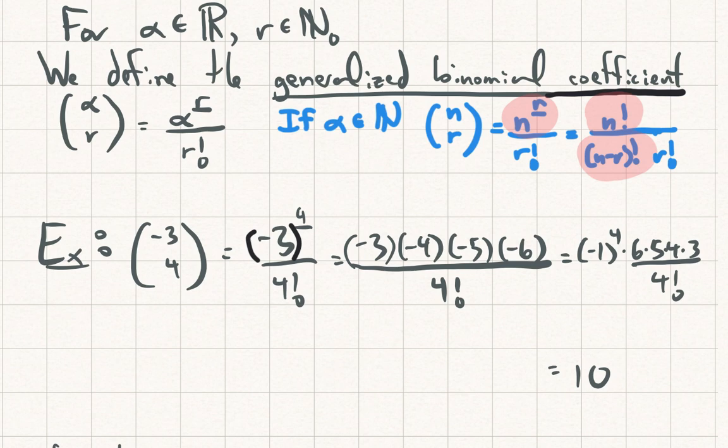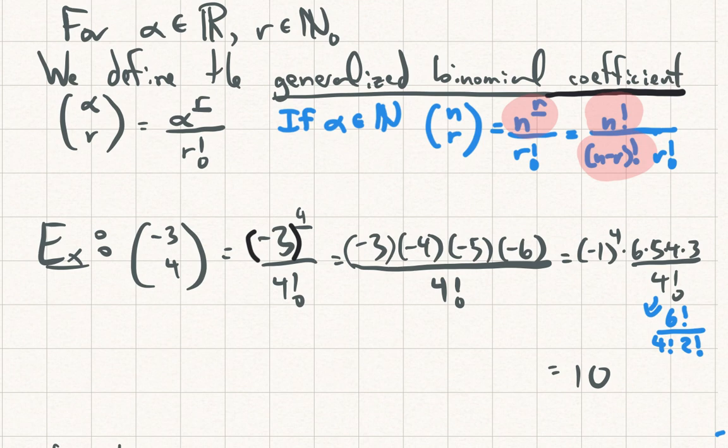And this looks like a standard binomial coefficient here, where we have 6 times 5 times 4 times 3, so we don't have 2 times 1. So this is like 6 factorial over 4 factorial, 2 factorial.